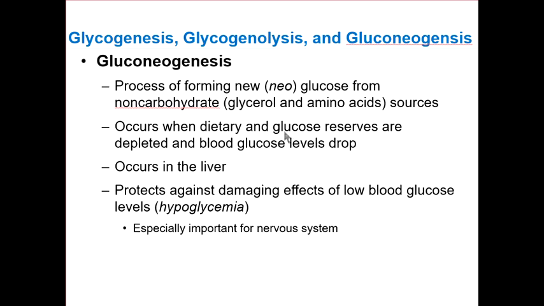So when their glucose reserves are depleted, if there's no blood glucose to draw from, our liver will take glycerol and or amino acids and convert them into glucose. So this protects against effects that low blood glucose, hypoglycemia, will have on the body, and which is extremely important for proper functioning of the nervous system.